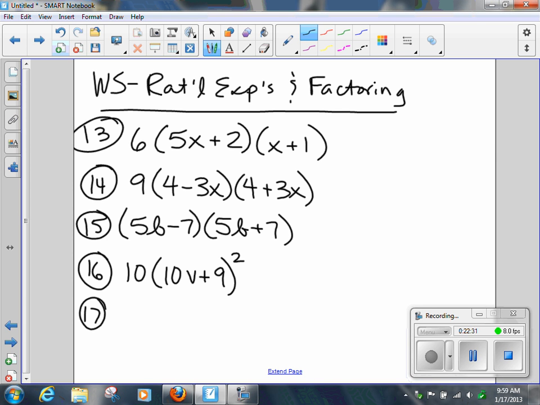17 is a difference of cubes, folks, but we have to factor out a GCF first. So it's x times 7x minus 5 times 49x squared plus 35x plus 5 squared, which is 25.